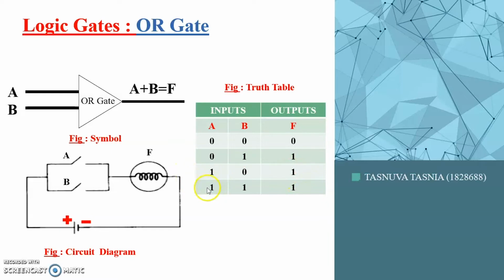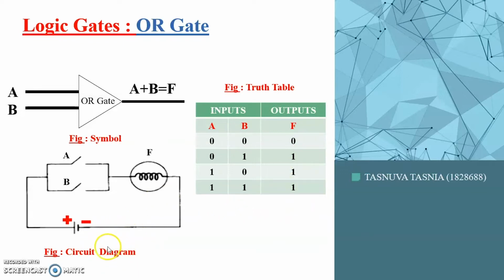And when the input A is 1, and input B is also 1, the output will also be 1. So from the truth table we can see that whenever any of the switches are on, the output is always 1.